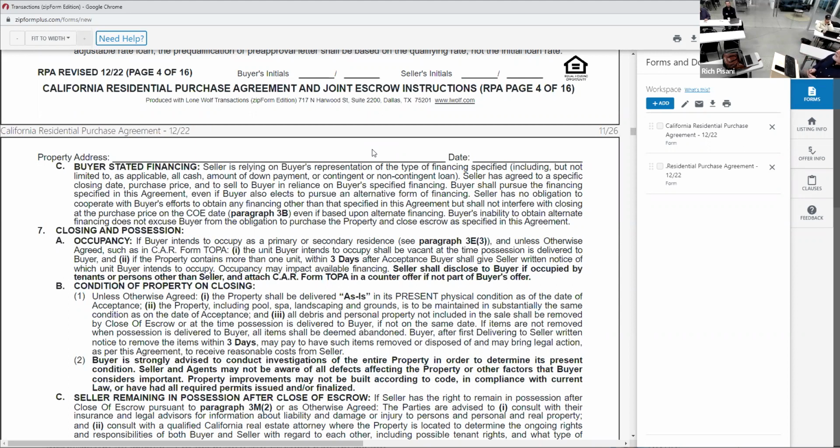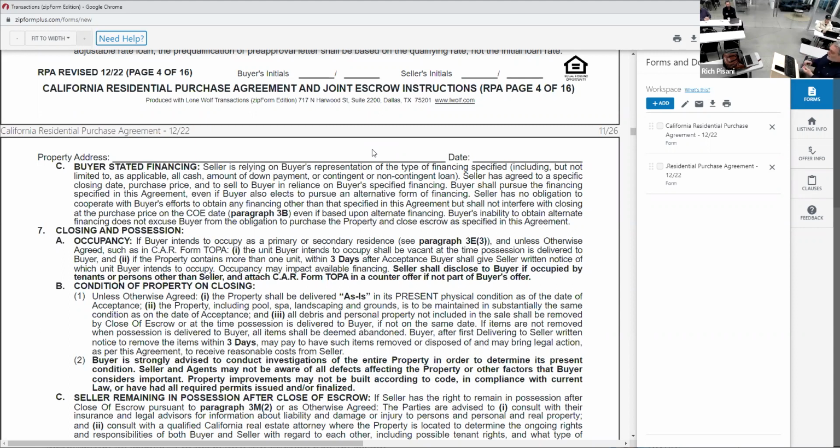So what happens a lot is that the buyer says, I'm gonna go all cash. He shows you that he has all cash. But I'm gonna look at a loan. They have every right to do that. They can look at alternate financing. But the seller is relying on what you told me you were gonna do.